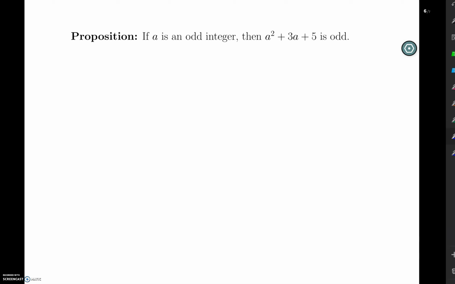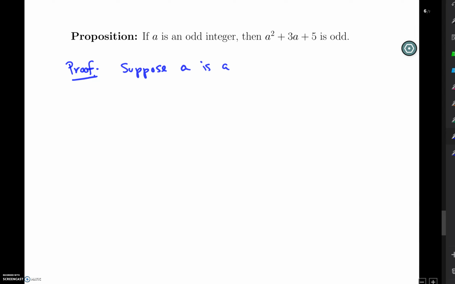So, here's our proposition. If a is an odd integer, then a squared plus 3a plus 5 is odd. So, our proof, again, we need to start by defining our variables. So we will suppose a is an odd integer.